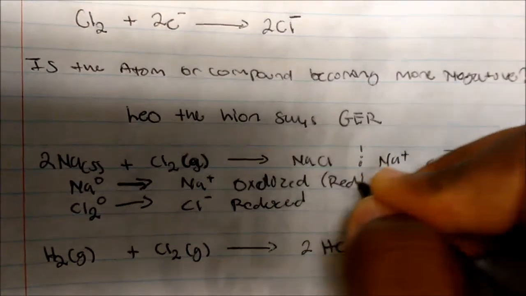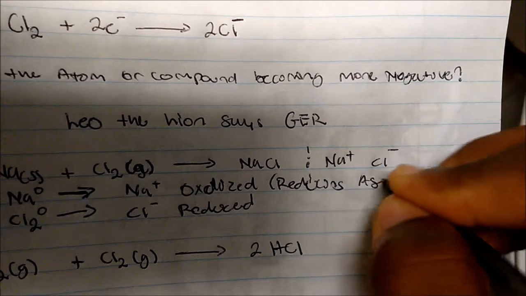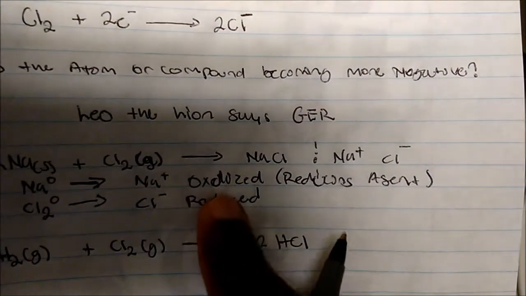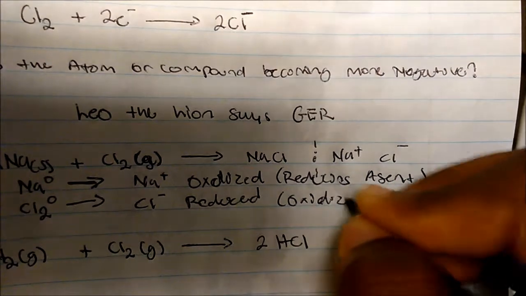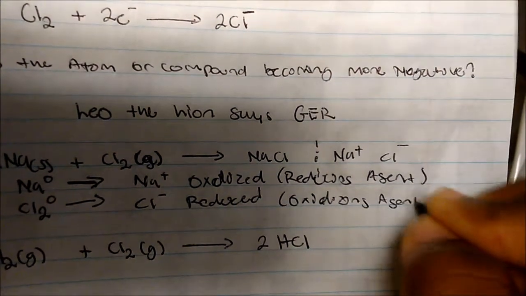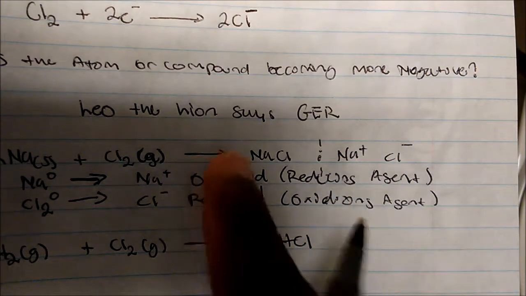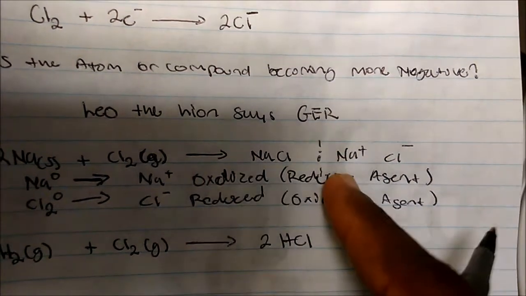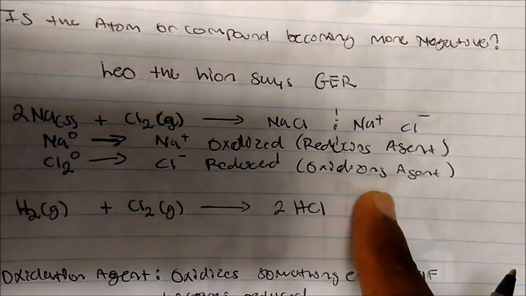So this is your reducing agent. Whatever is being reduced is your oxidizing agent. This is a great way to remember which one are your agents. Find out which one is being oxidized first and know that the agent is the opposite. Whichever one is being reduced is the opposite agent, okay?